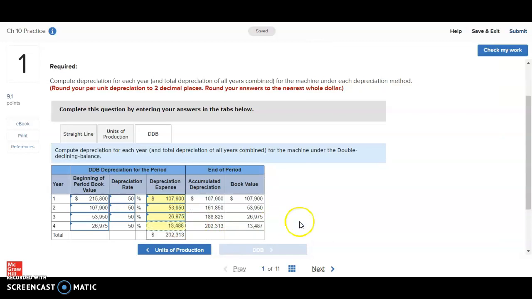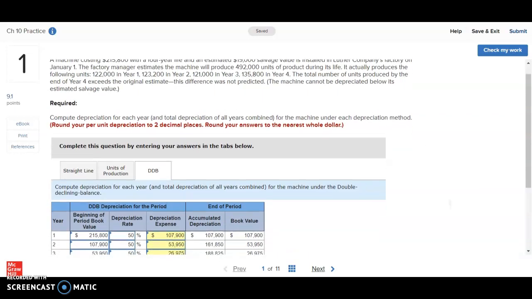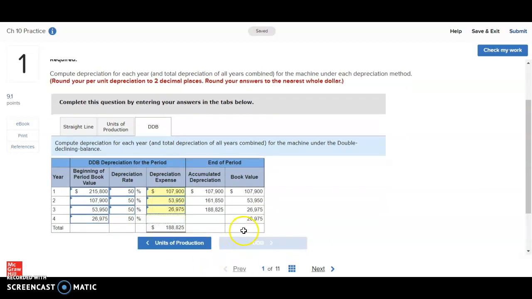But you'll notice that it depreciates the book value to below our salvage value, which we don't want to do. So in the last year, we are using what we call a plug-in number. We're not going to depreciate based on that 50%. We're going to figure out how much is left to depreciate. Well, up here it told us that we had a salvage value of $19,000. So that's the lowest we want to see this book value.